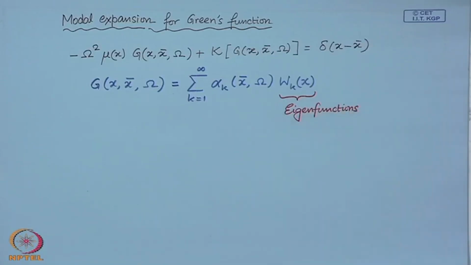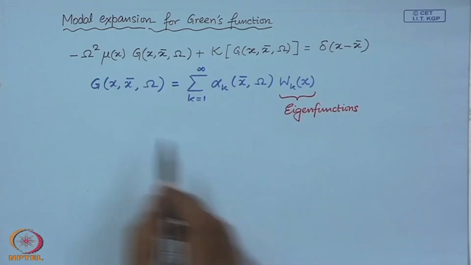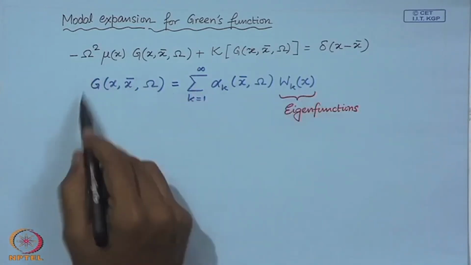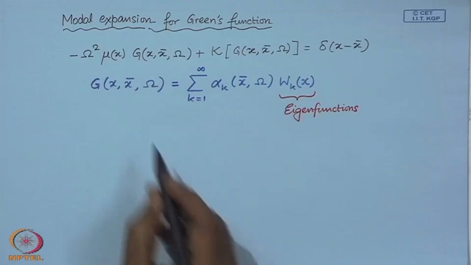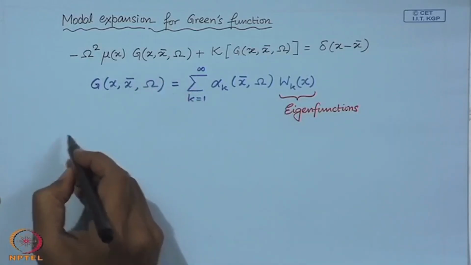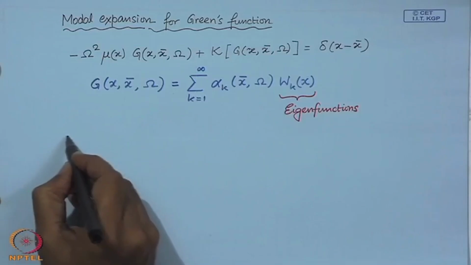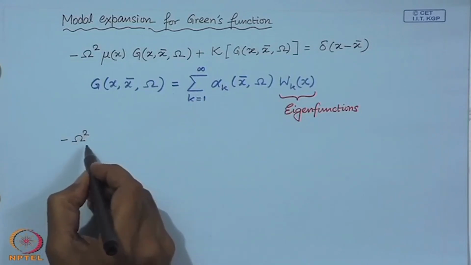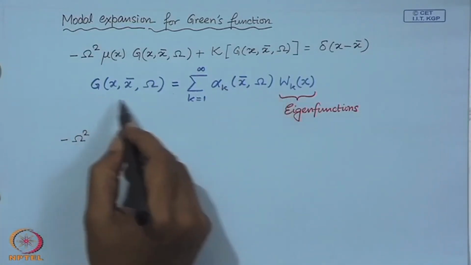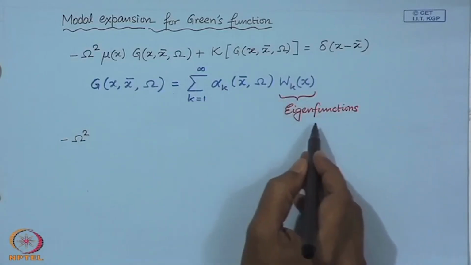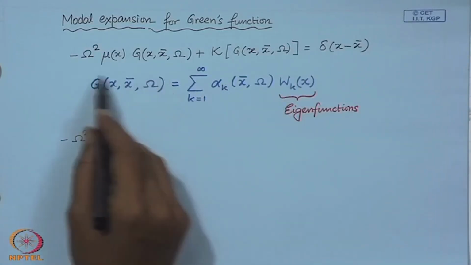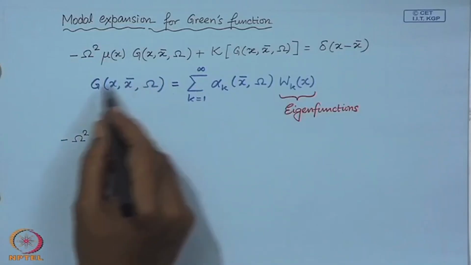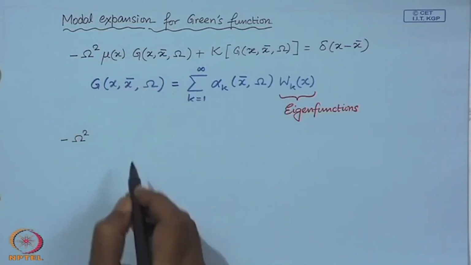So, the eigenfunctions of the unforced problem that we have already solved. If you substitute this expansion in the differential equation of the boundary value problem, and remember that these eigenfunctions already satisfy the boundary conditions. So, therefore, the Green's function is also guaranteed to satisfy the boundary conditions of the problem.